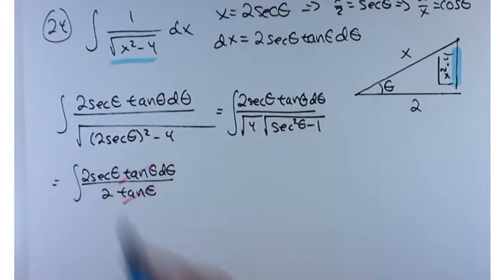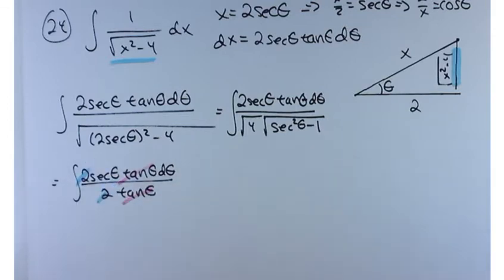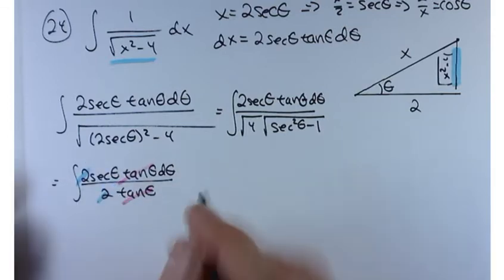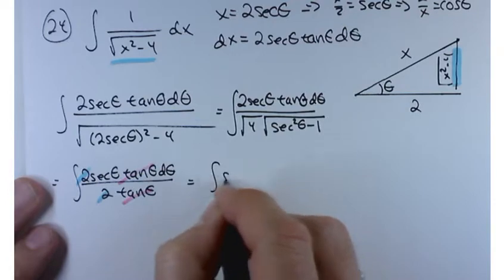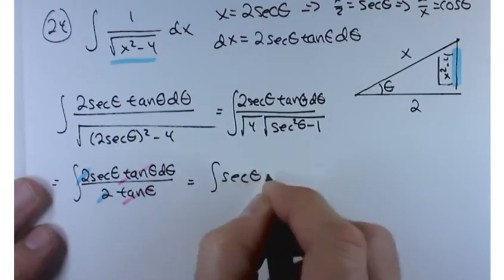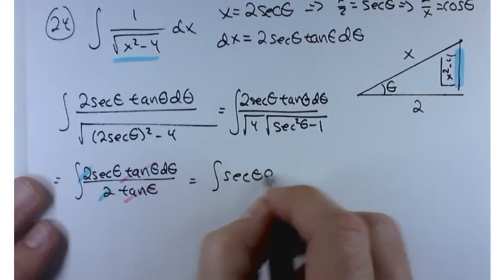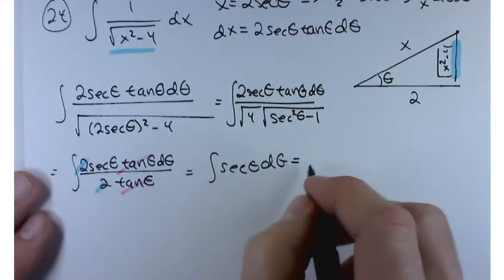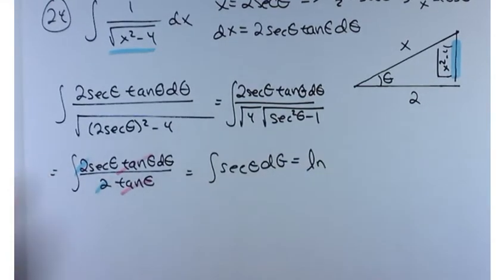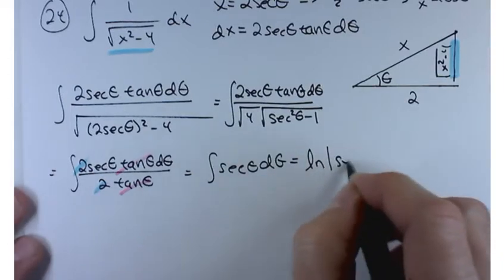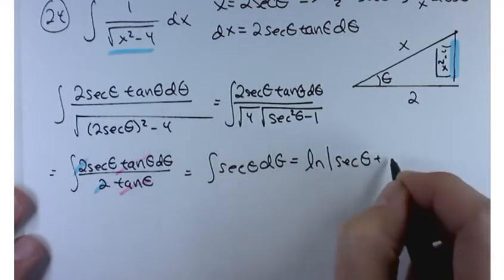We're not quite done. We've got to substitute in the expressions for secant of theta and tangent of theta. So, what's the secant of theta going to be? x over 2. That one's actually already done for us right here, right?